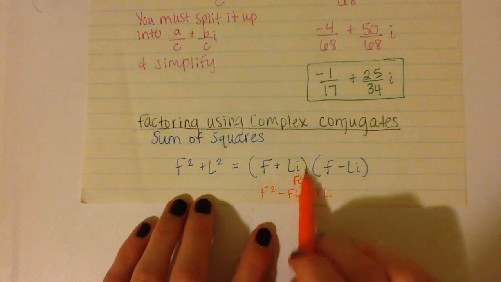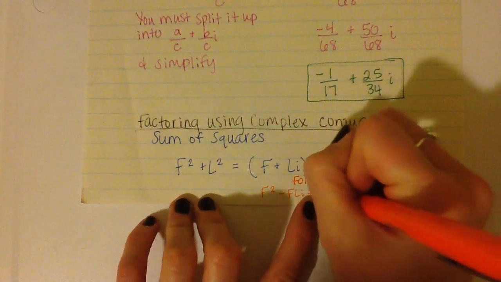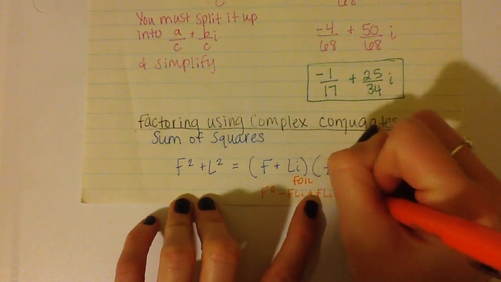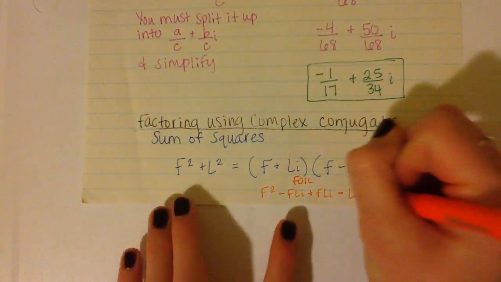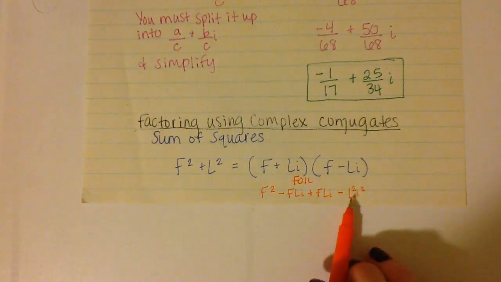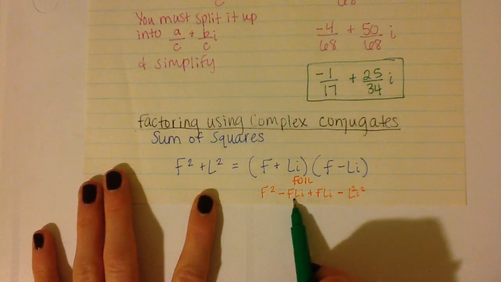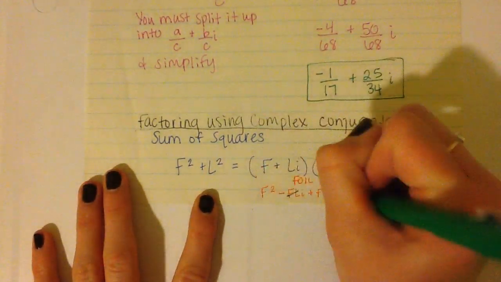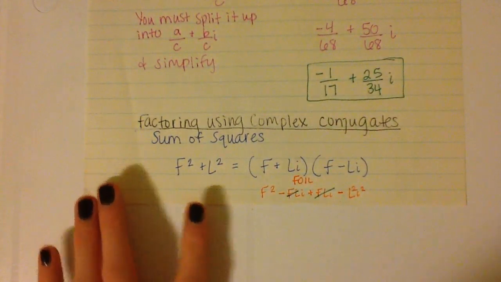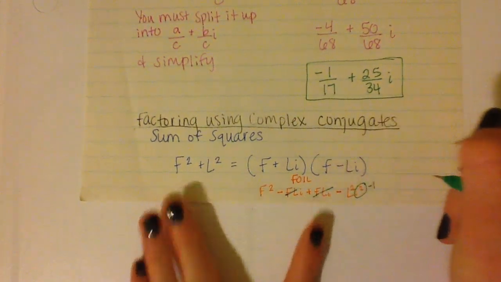And your last, you have li times a negative li will be a positive l squared i squared. Okay, so looking at this, we can see that negative fli plus fli is going to cancel. And we know that i squared is negative 1.